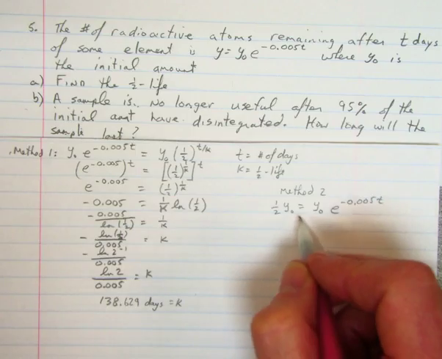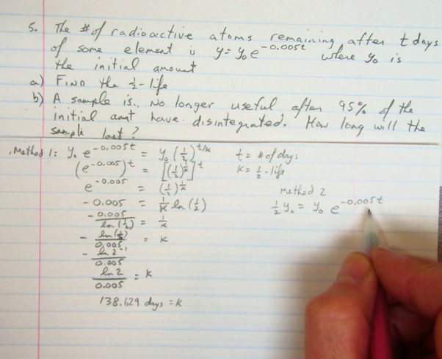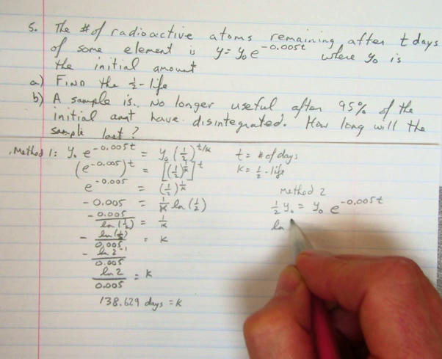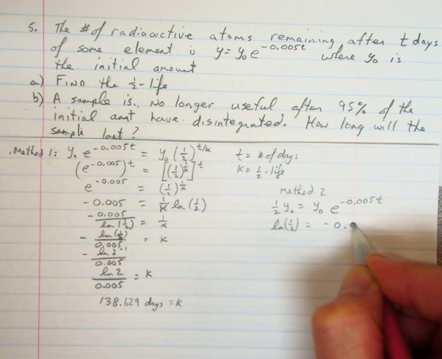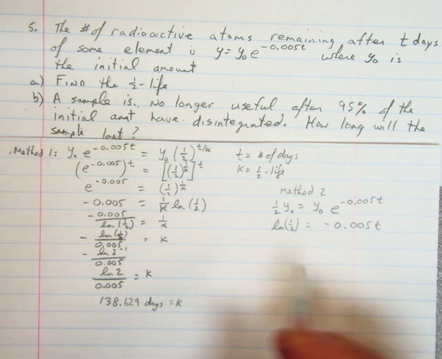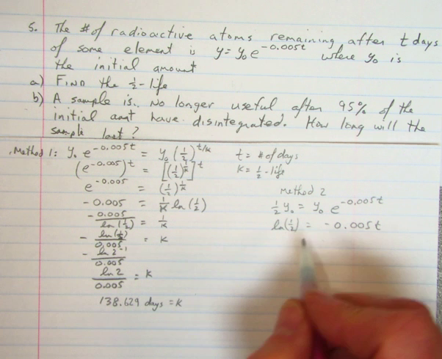So we can divide by the y sub 0's, and then we'll have 1/2 equals e to the negative 0.005t. At that point we can take the ln of both sides. ln of 1/2 equals negative 0.005t, and that's looking an awful lot like this step right here.